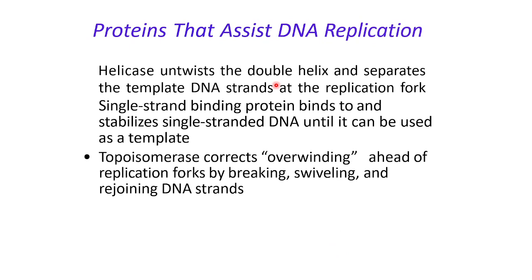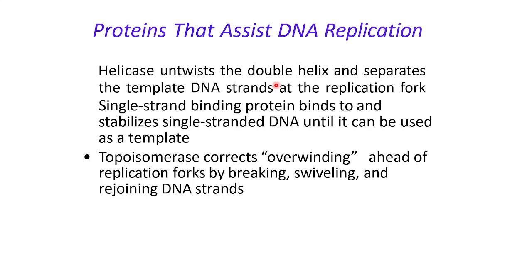So helicase untwists the double helix, and it separates the template DNA at the replication fork. The SSBPs hold the elongating strand together such that it does not fall off, and finally the topoisomerase breaks at the ends and rejoins it to get to the final template DNA strand.